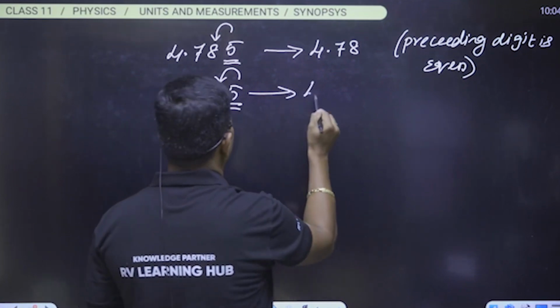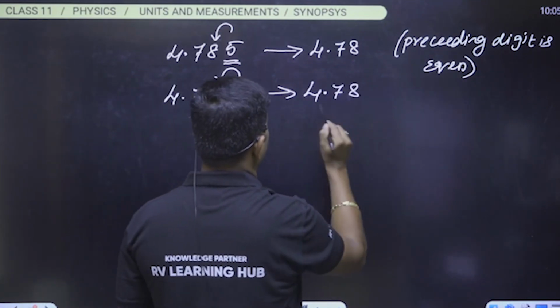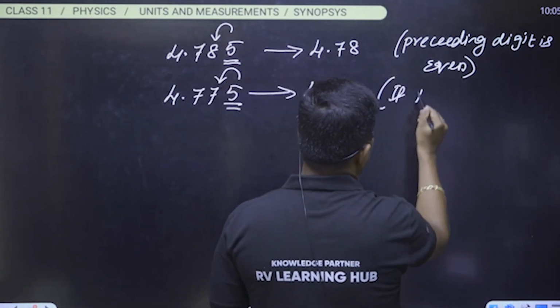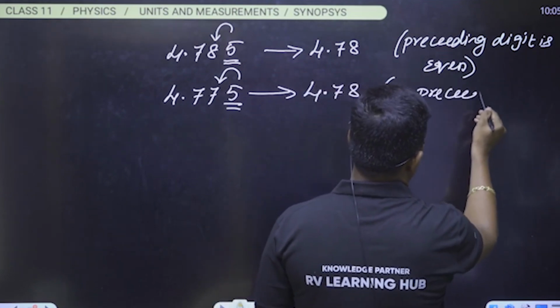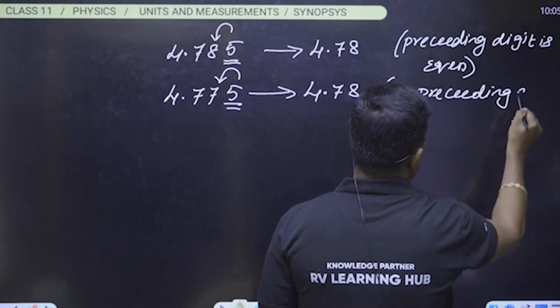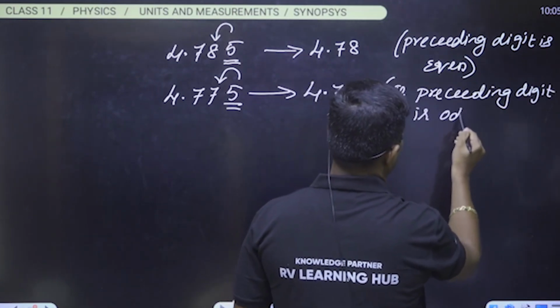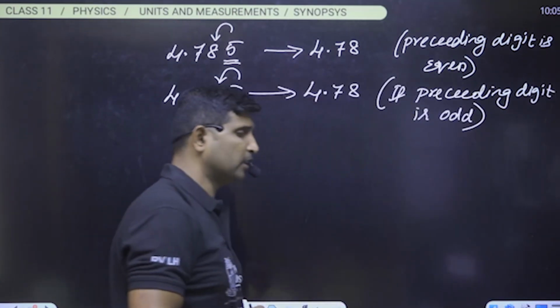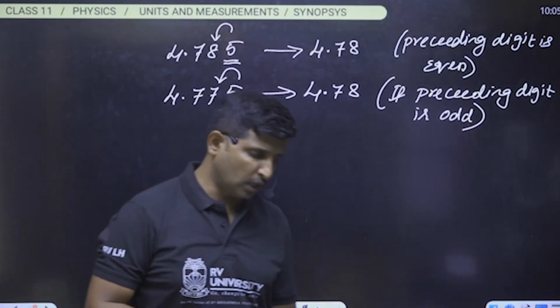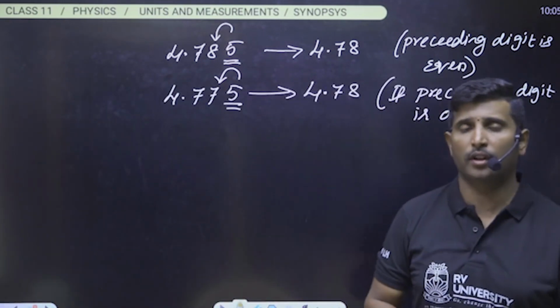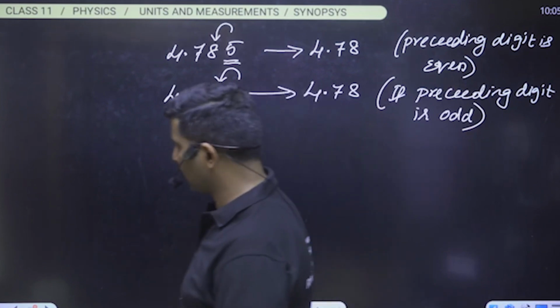Then how to write this? We'll get 4.78. If the preceding digit is odd, like that we have to think and analyze each and every point in order to solve the numerical problems.